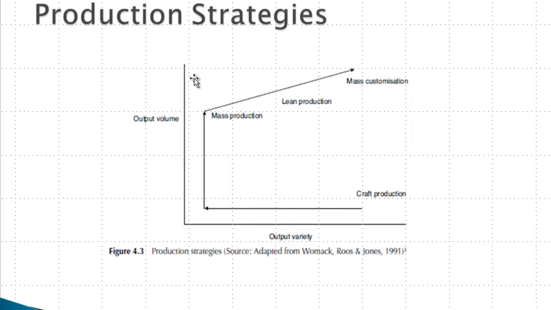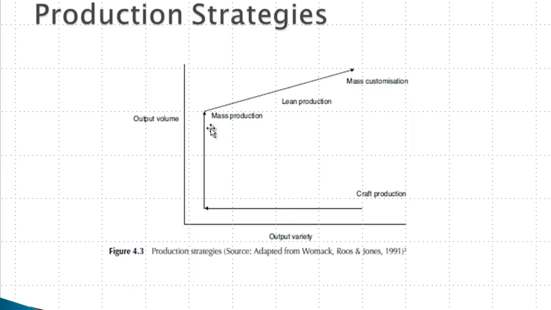Main thing to note on our little chart here is output volume from 0 to X, meaning the number of garments being produced, and here is the variety. So when you had craft production, you had quite a low volume because it was handmade, but you had a large variety. So each tailor was making the garments slightly different.